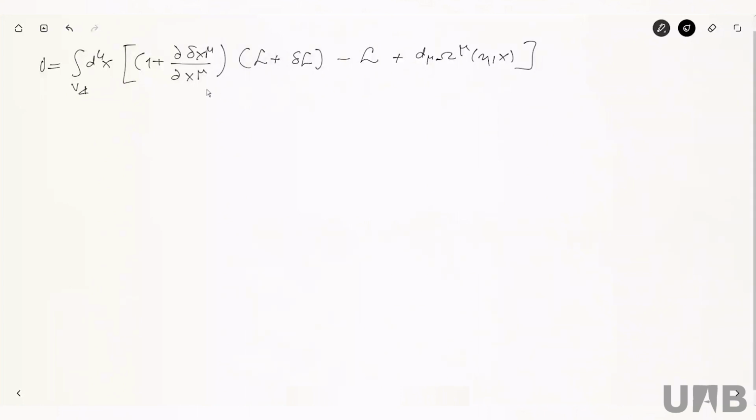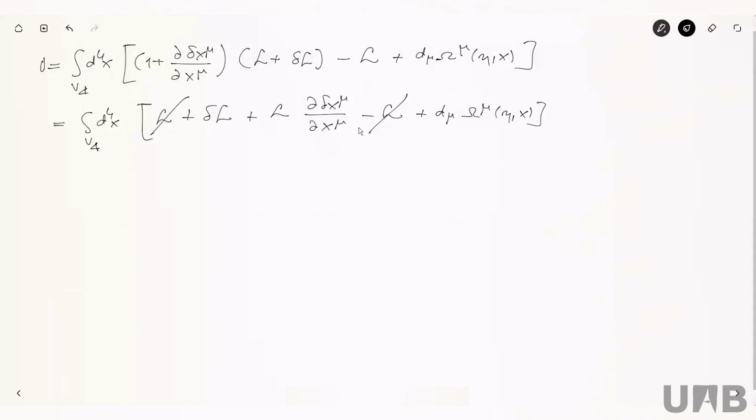I'll be more explicit in a second, but this is just so that you see that for d4x over b4, the one with the L gives me an L, the one with the delta L gives me a delta L, then there is the L with the extra term in the Jacobian, then minus L, and plus d mu omega mu of eta and x. So as you can see, the lowest order term cancels out, as it had to happen, okay?